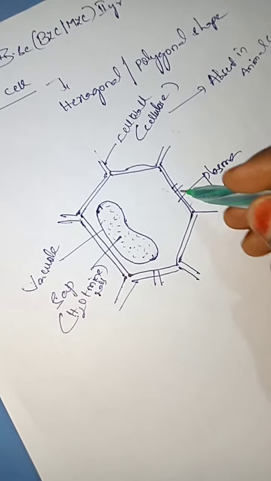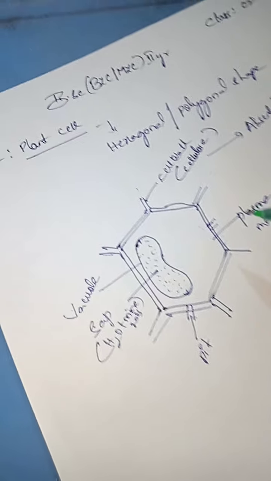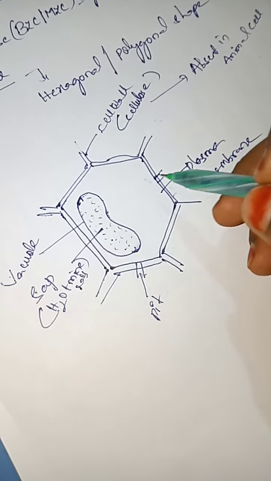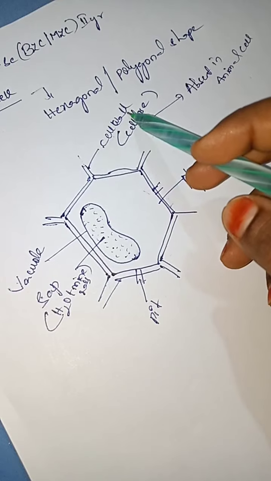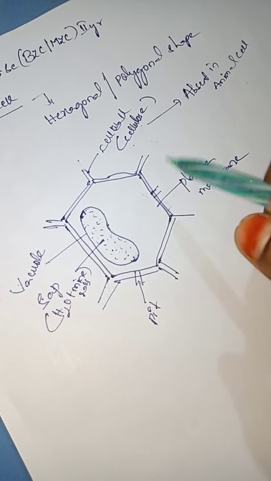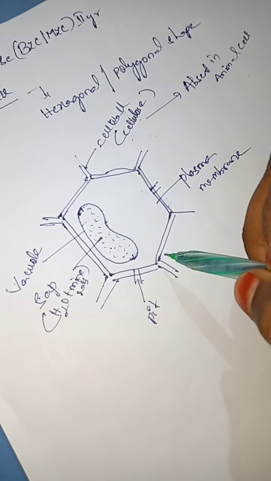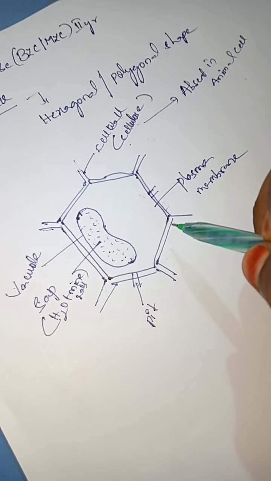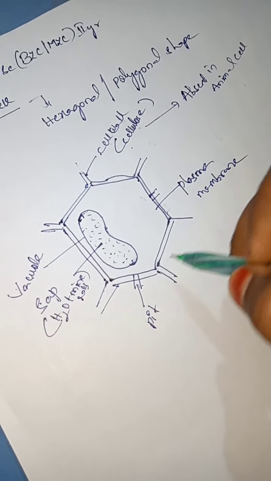Here what I am drawing is the pit. So here we have drawn the plasma membrane. The outer surface of this plasma membrane consists of the cell wall made up of cellulose, right? At some areas this cell wall will be absent. The outer layer, the cell wall, will not be present at some areas.